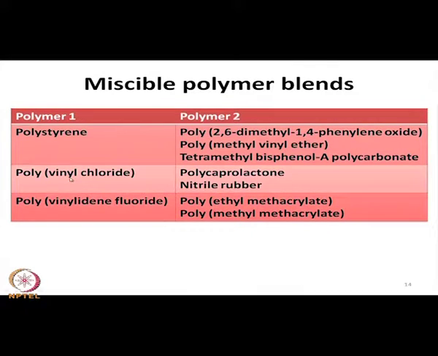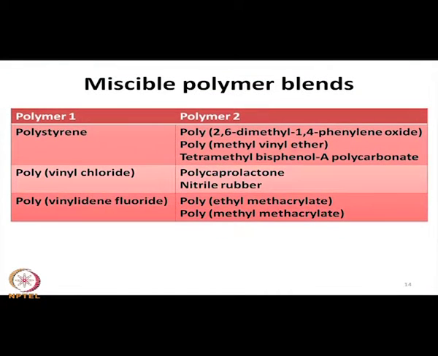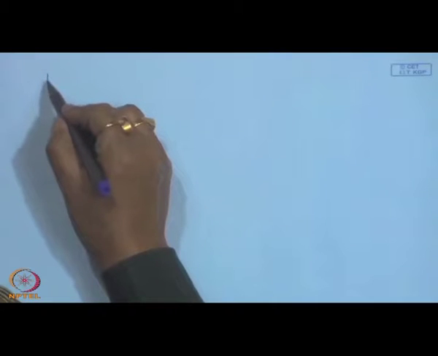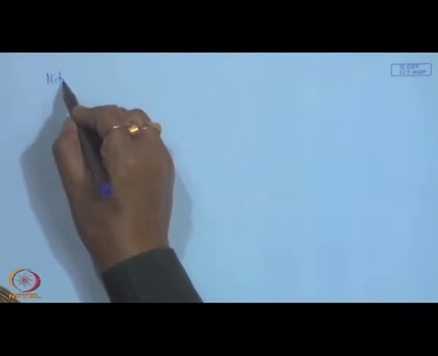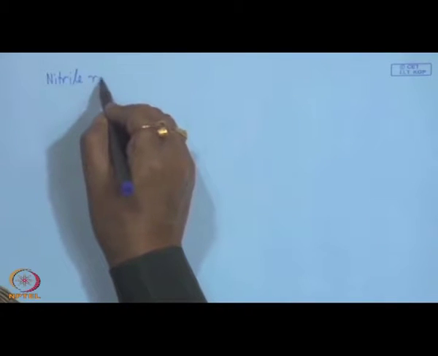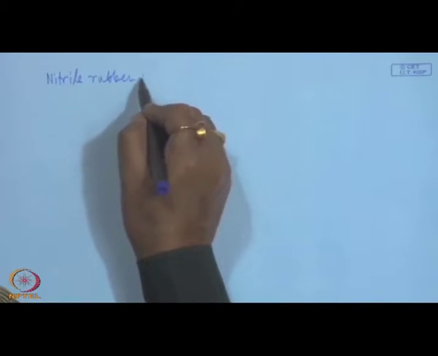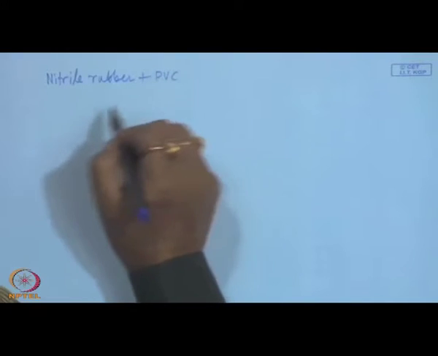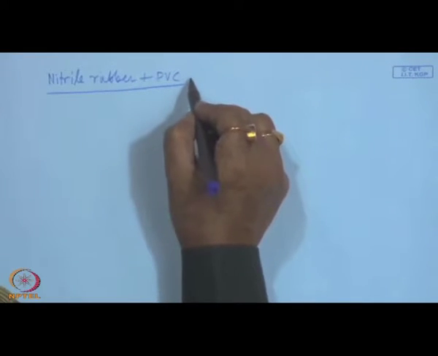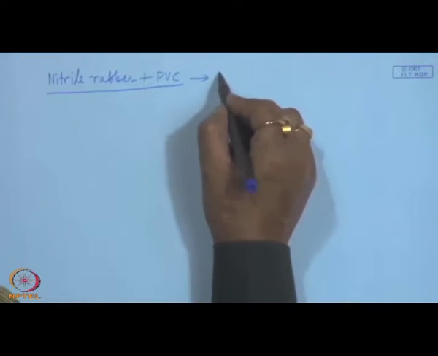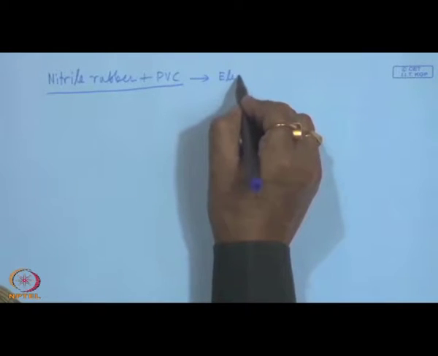Then we can have a blend of PVC with nitrile rubber. Now, PVC nitrile rubber blend is a very successful blend for electrical insulation, electric cables. So, nitrile PVC blend is very good for electric cable application.